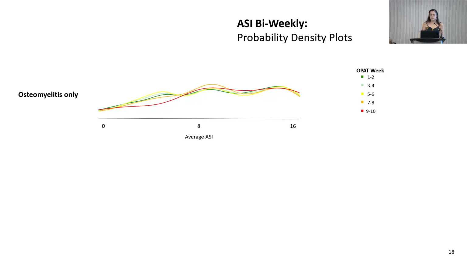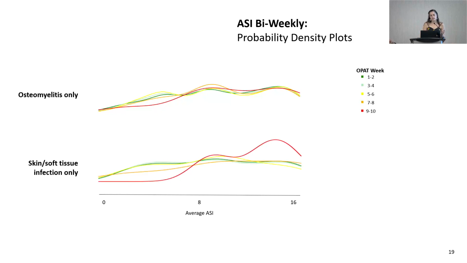So we grouped weeks of OPAT into 2-week intervals, where the early weeks were green, mid was yellow, and final were red. Again, I recognize they may be hard to tell, but you can see that all of these lines are right on top of each other. And so this is suggesting that there's a consistent spectrum coverage throughout OPAT. And this makes sense because for osteomyelitis, it can be really challenging to treat and does often go for a bit longer than some other conditions.